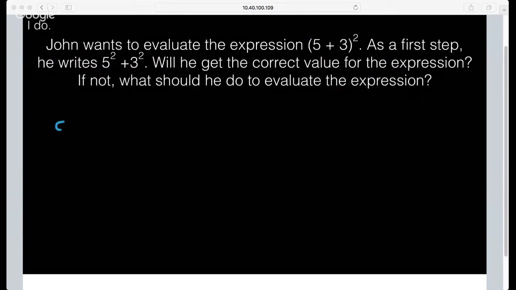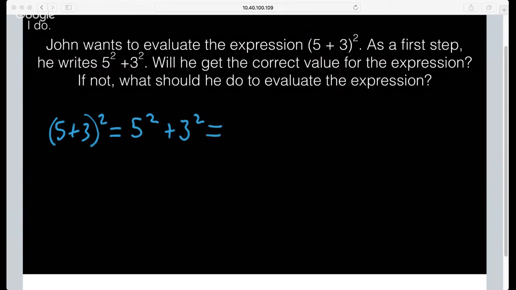Let's write it out. He has the original expression of 5 plus 3, squared, and he is saying that this is equal to 5 squared plus 3 squared. Let's solve the rest of this for John. Let's see what he gets, and then let's go back and do order of operations ourselves and see if we get the same answer.